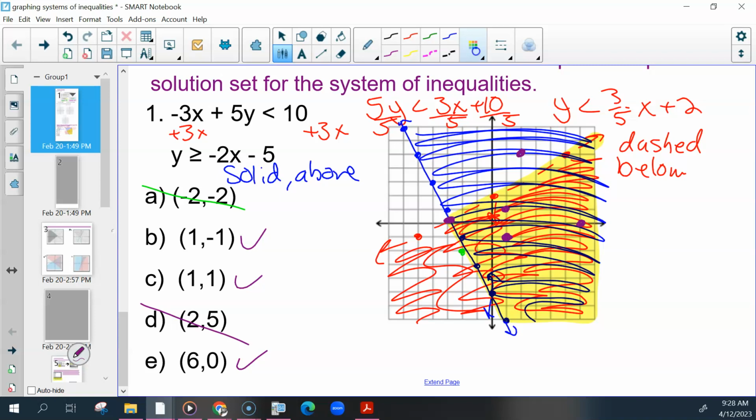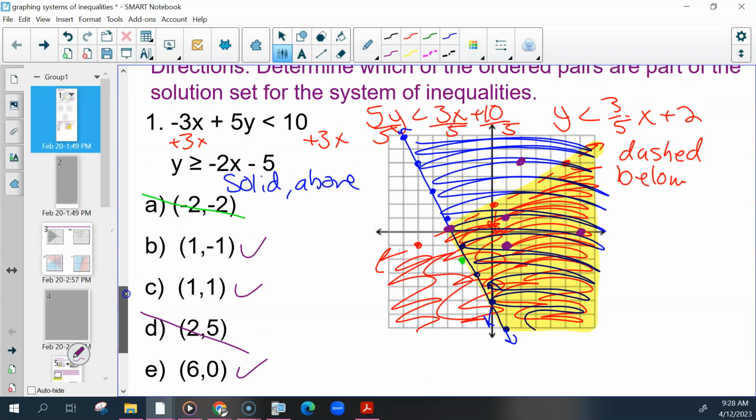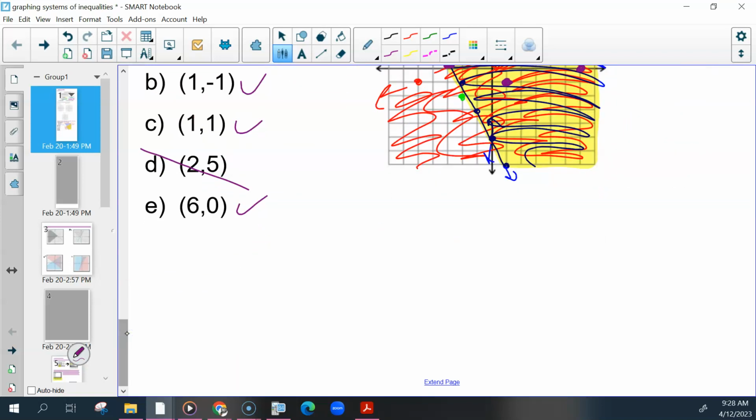So they both have to, if it goes on the dashed line, it still means it's in the set. Let's find a point and see. Let's choose this point right here, 2, 0. Where you have space, let's check this point and see does it work or does it not.